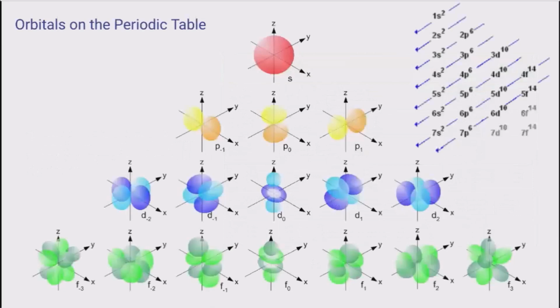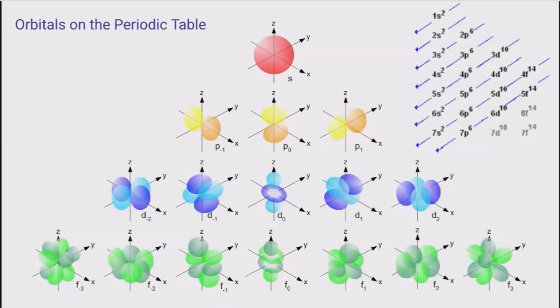So speaking of orbitals, orbital information is also given on the periodic table. If you remember, orbitals are a fancy way of saying where the electrons are around the element when it's just chilling, when it's not doing anything. So at the top is the s orbital, the red orbital.